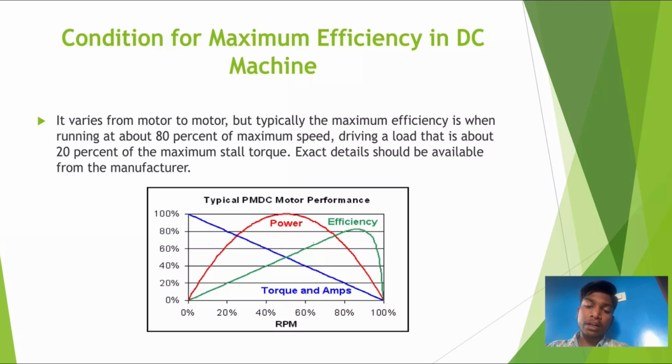And this is the graph of revolutions per minute, the typical graph of PMDC, permanent magnet DC motor performance. On the y-axis we can observe the efficiency, and on the x-axis the RPM rating, and here we can observe torque, amperes, power and efficiency.